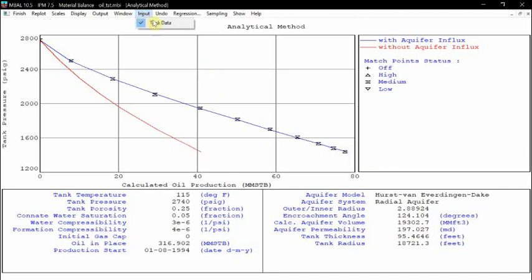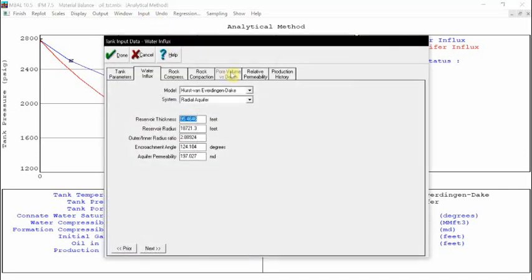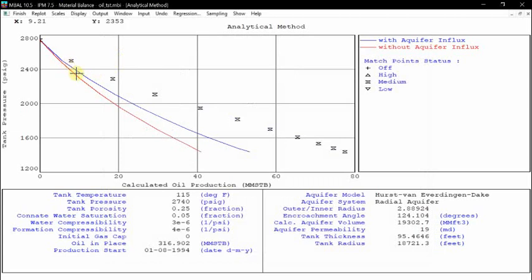I'm just going to demonstrate that if you have a production history, you can get some of the data, even though you don't have all of it. So I'm going to change the aquifer permeability to, let's say, 19 millidarcy. You see now the blue one, which has aquifer, is not matching our history data, so this is wrong.